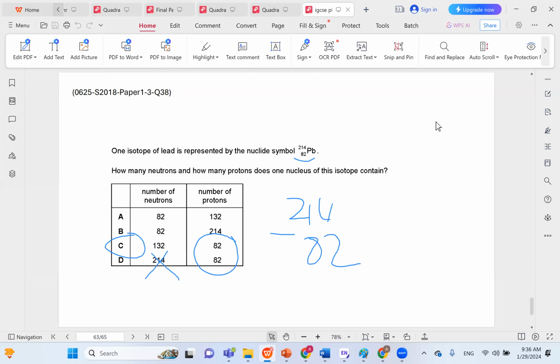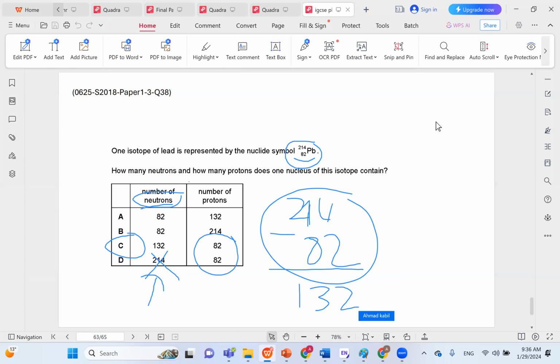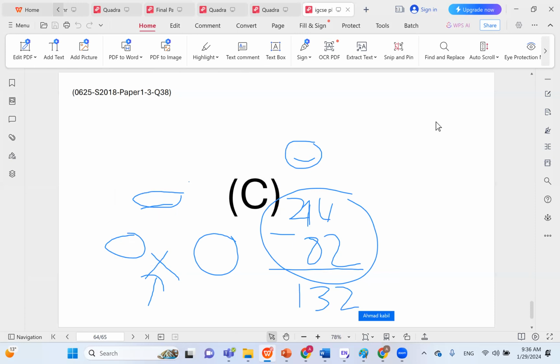And I remind you, if this were nucleons, we would have gone for D, not C. But neutrons are the difference between these 2 numbers, so I just subtract 214 minus 82, and that gives us 132. So C is the correct choice here.